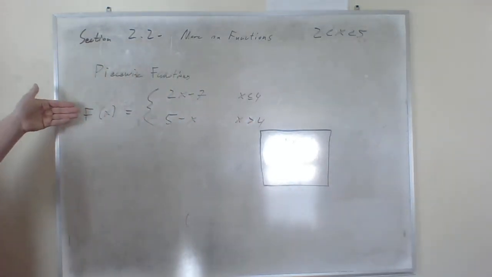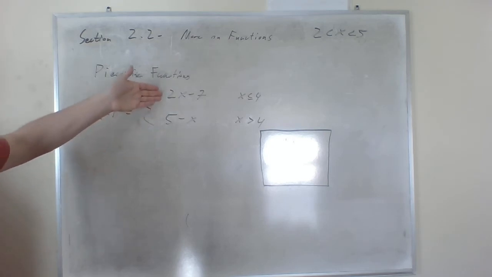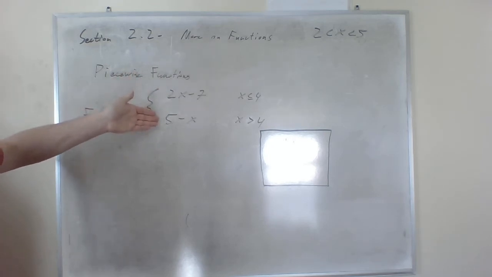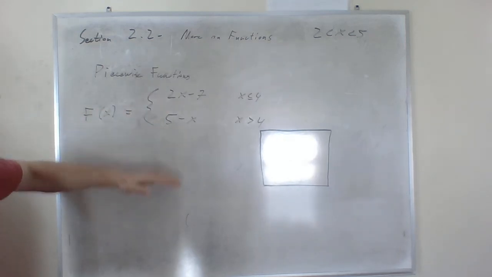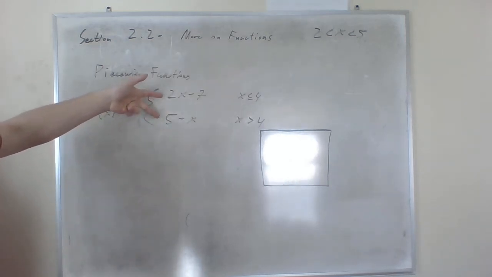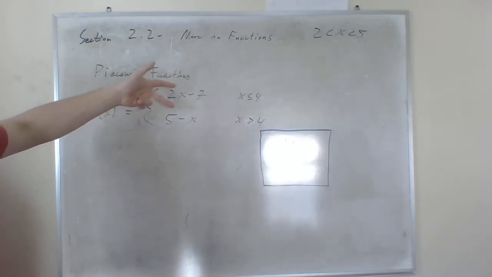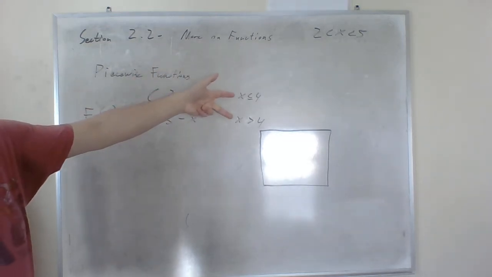So this is called a piecewise function, and it's giving you two different rules. And it doesn't have to be two. Some piecewise functions have 3 or 4 or 5 or whatever. But it's giving you different rules on different parts of the domain.